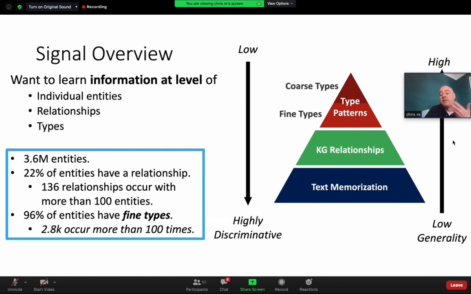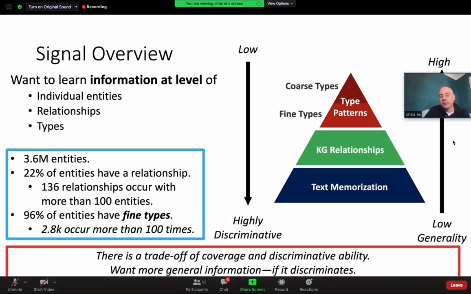In a similar way, fine types allow us to do something very similar. There are about 2.8 thousand fine types in the YAGO hierarchy that are used more than 100 times. Okay, and so that compression is what's allowing us to just remember more of these things and be able to generalize. And so there's a trade-off, right? We want things that cover many, many more entities.